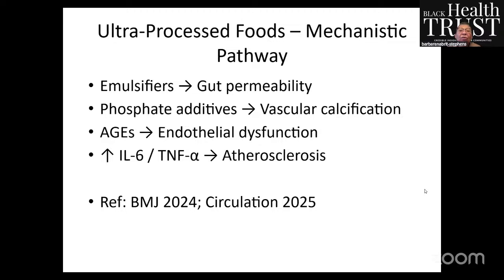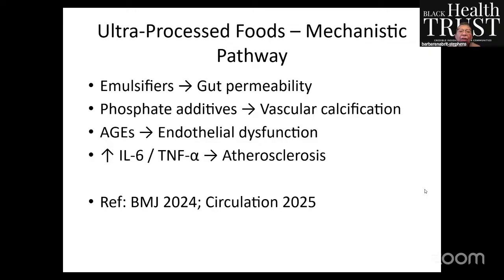Emulsifiers go into the gut and increase the gut's permeability, which means things can pass through the gut wall after you eat them. Phosphate additives lead to vascular calcification due to problems in the vascular wall.